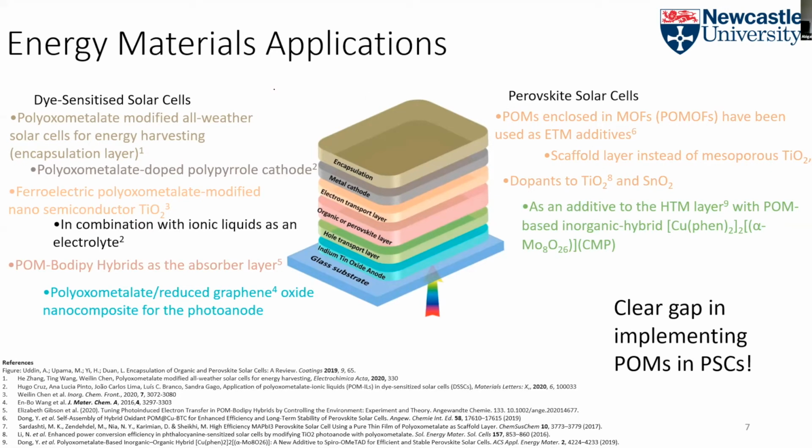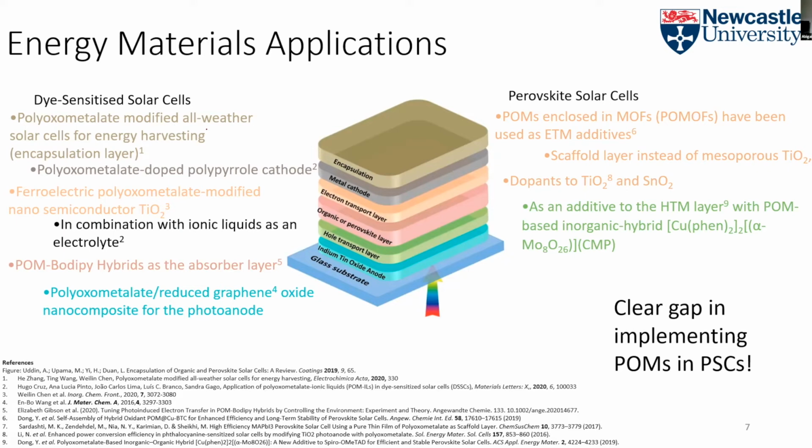A dye cell is basically a mini solar panel, a lab-scale solar panel we can test on. And this in the middle is the structure of a perovskite solar cell, but dye cells are kind of similar. Instead of the organic perovskite layer, you'd have your dye as the absorber layer, and then an electrolyte to facilitate charge transport.